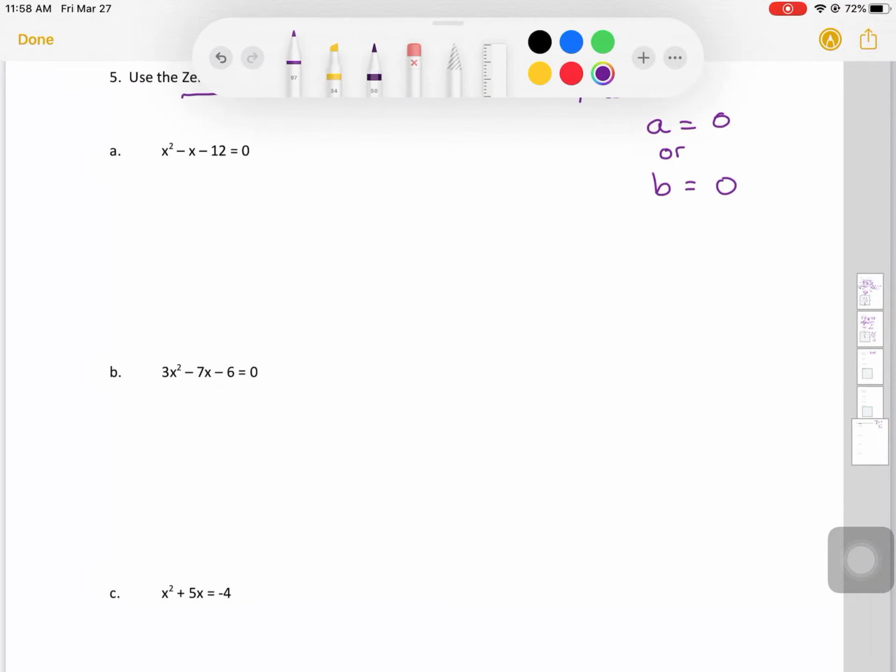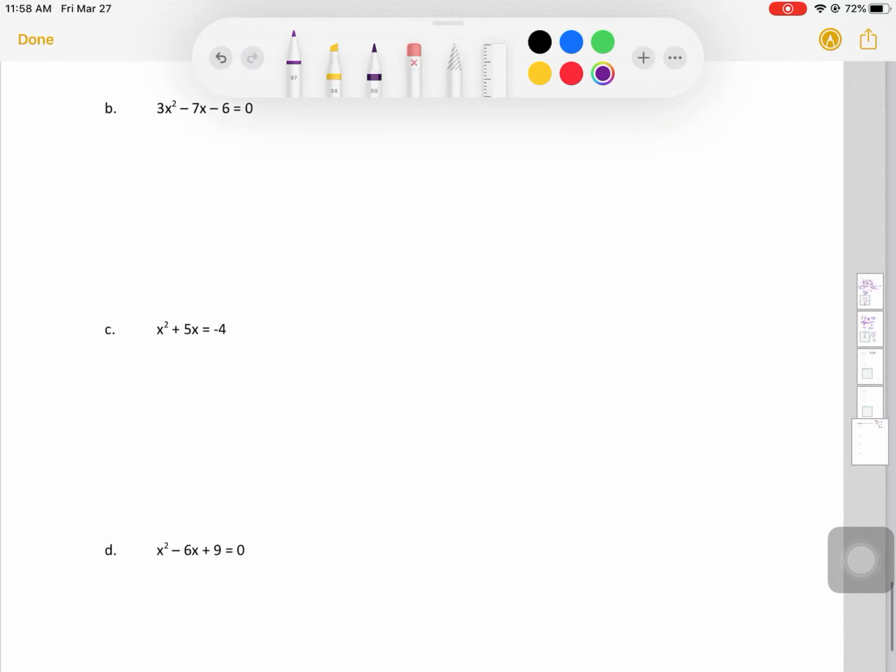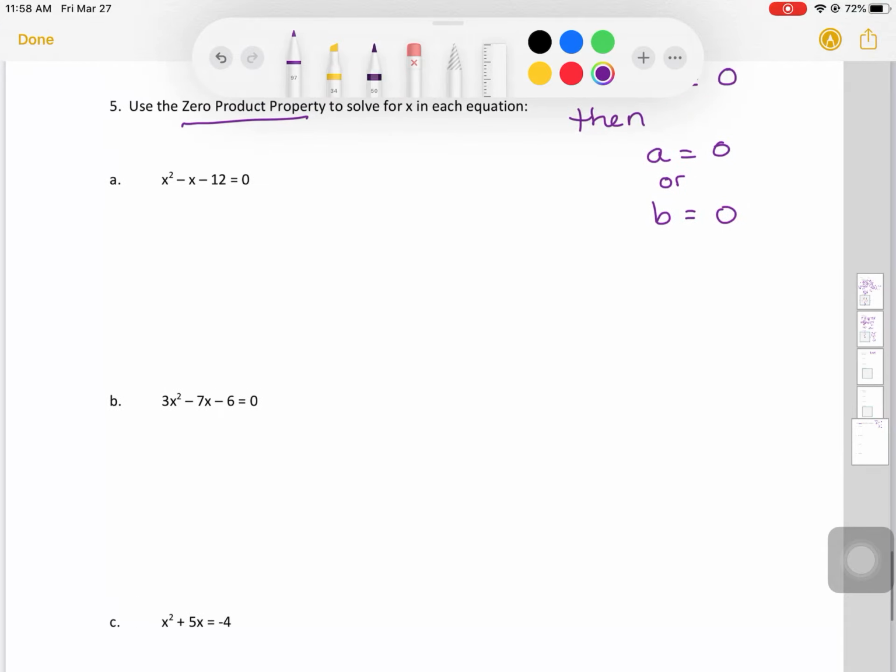I'm going to solve the first 2 and then I'll leave the second 2 for you guys to practice with. Again, those are practice problems. They're not necessarily homework problems, but I would recommend you stopping the video and trying them and then maybe going back and watching us look through this again.